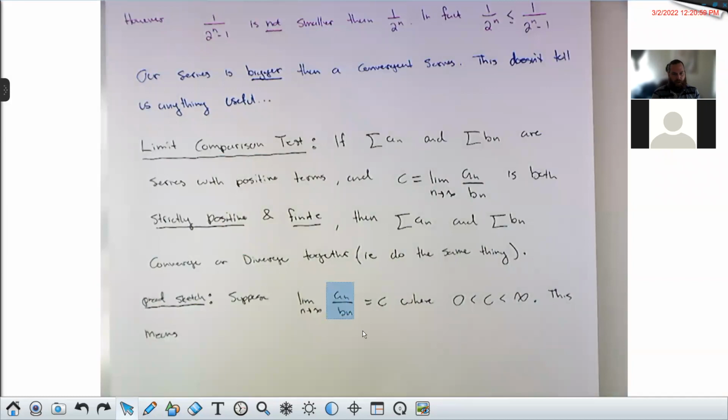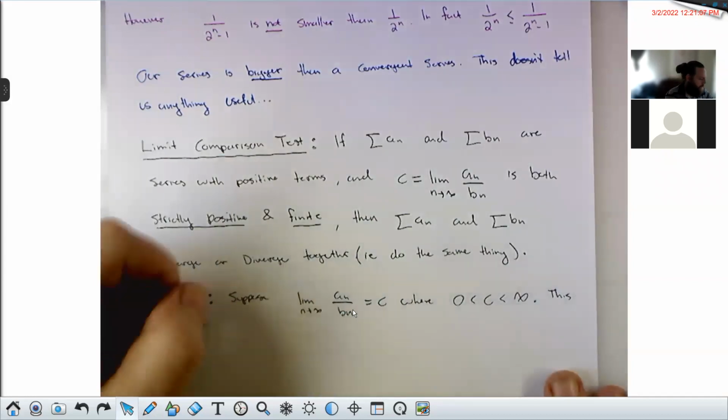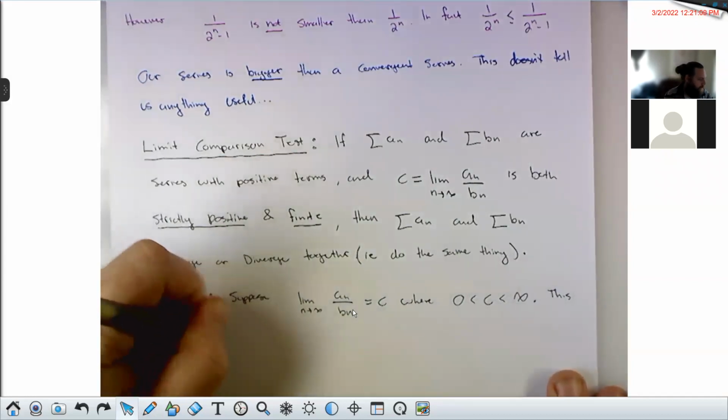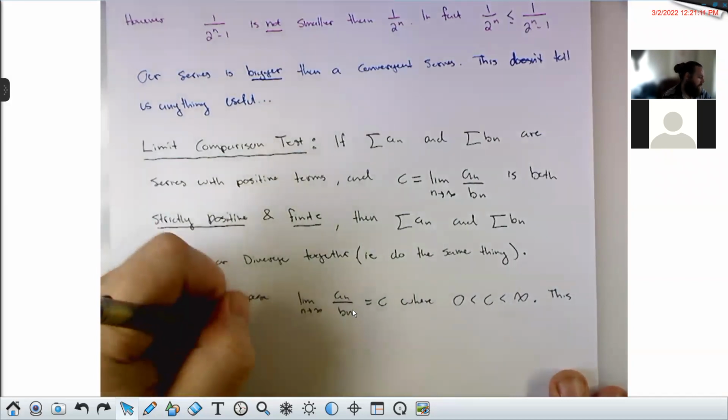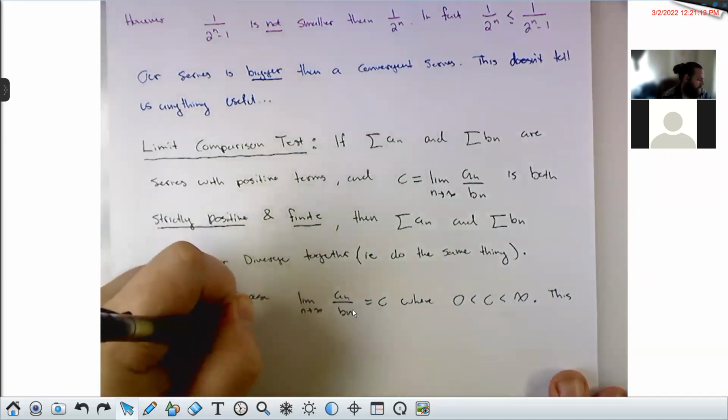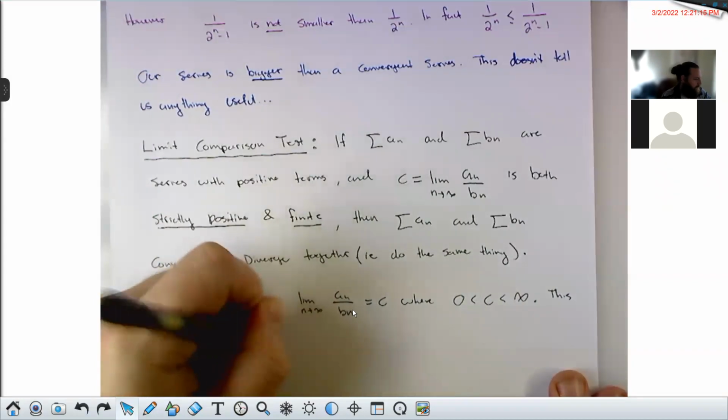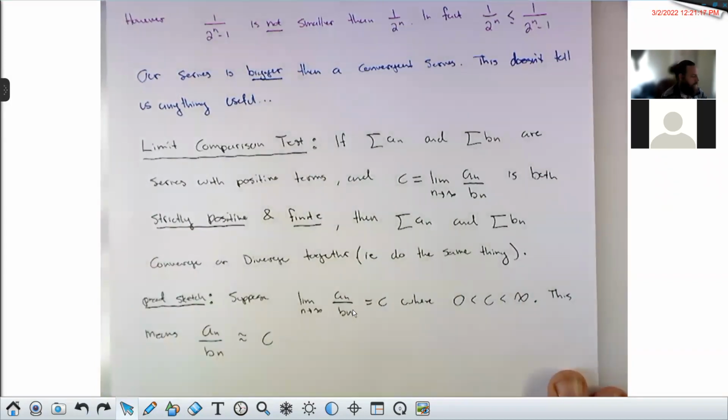So an over bn is very close to c for large values of n.